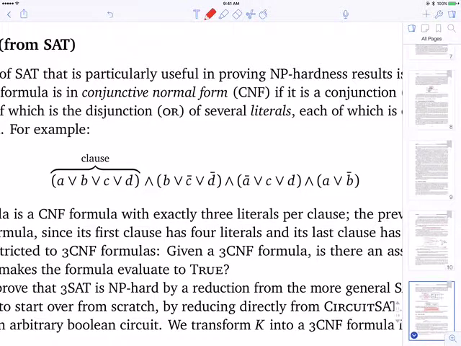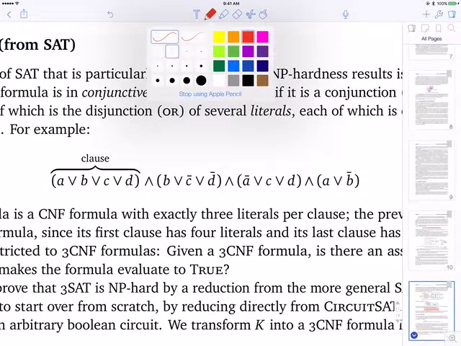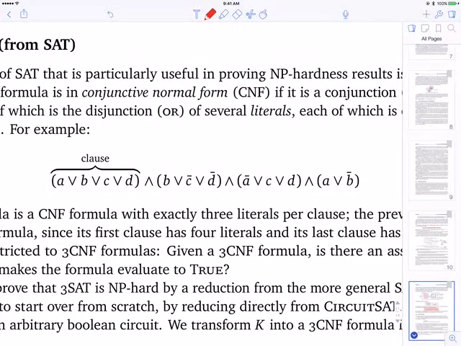Each clause is a bunch of things connected by ORs, and each of those things is either a variable or a negated variable. If I want to think about a parse tree for this kind of formula, what I should imagine is I have a big AND as the root of the tree, and then I have an OR as the next level down, and I might have some NOTs, and then I have variables.